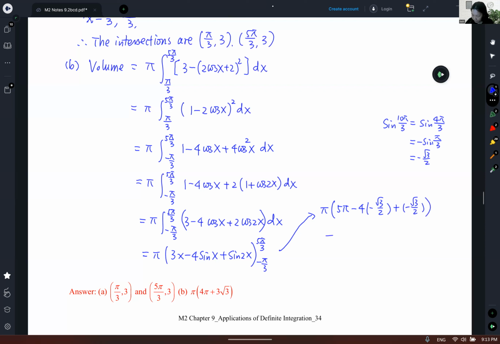Minus negative root 3 over 2, plus negative root 3 over 2.